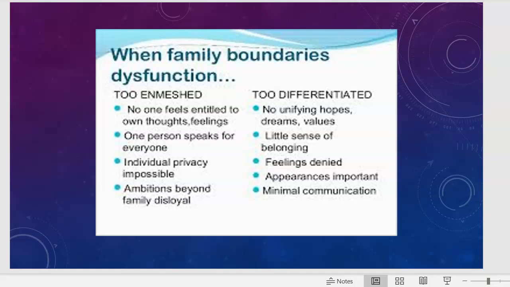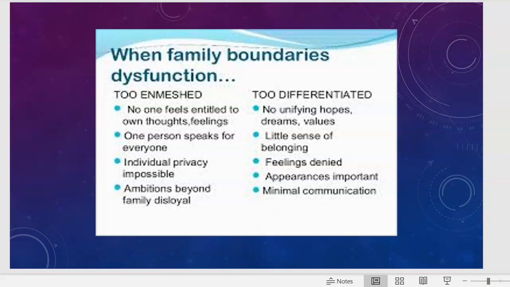Individual members' feelings may be actively denied, or they may not be seen or acknowledged. Appearances may be more important than what is actually happening within the family system. And there may be very low levels of communication between and among the family members.